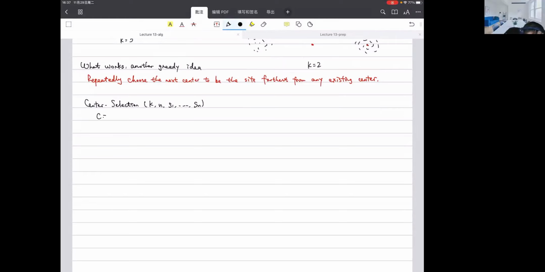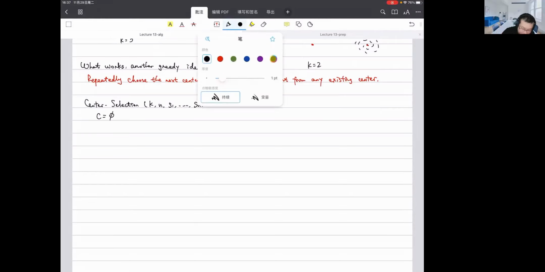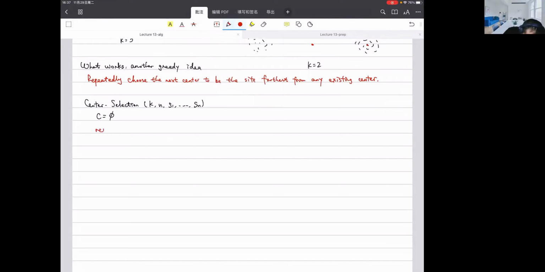At the beginning, the center set we select is going to be an empty set, and we repeat the following part k times.